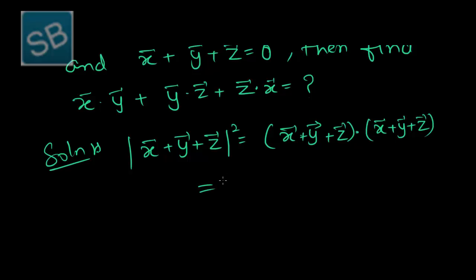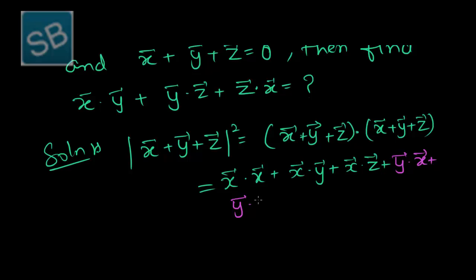So we will multiply vector x into vector x, vector x into vector y, vector x into vector z. Now the turn of vector y, that will give vector y into vector x plus vector y into vector y plus vector y into vector z, plus, now the turn of vector z, vector z dot vector x, vector z dot vector y plus vector z dot vector z.